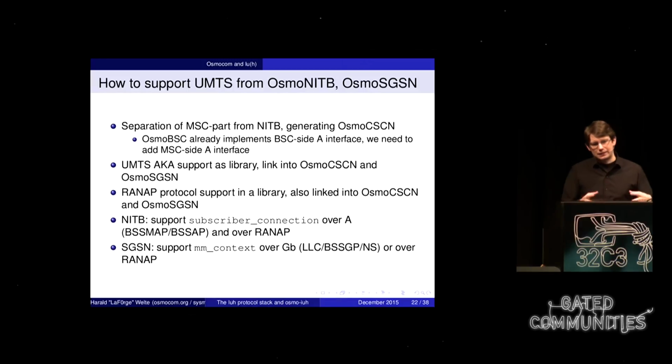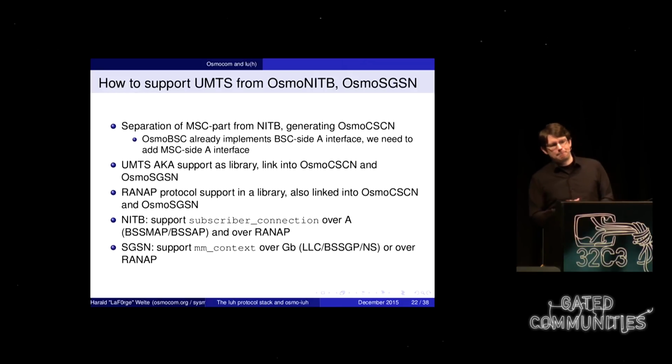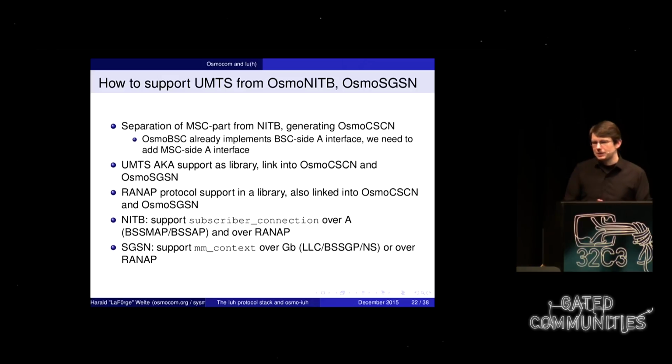need to somehow interface those protocols with the existing network elements that we have for GSM. And there are sort of several challenges in this area. In what people know as the OpenBSC project, actually the program that most people use is called Osmo NITB, the network in the box, which is called network in the box because it implements all the network elements that you need in one box or in one program.